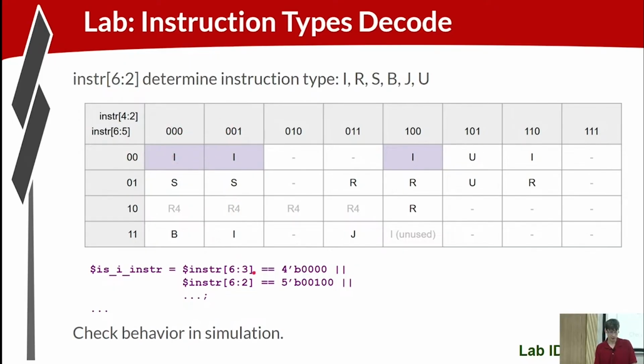So I just compare bits 6 down to 3. And then for this cell, I'm comparing with 0, 0, 1, 0, 0. Okay, and then you can add in or this case, that would be I type. And then continue on for the other types, right? So S type, R type, U type, J type, B type. Make sense?